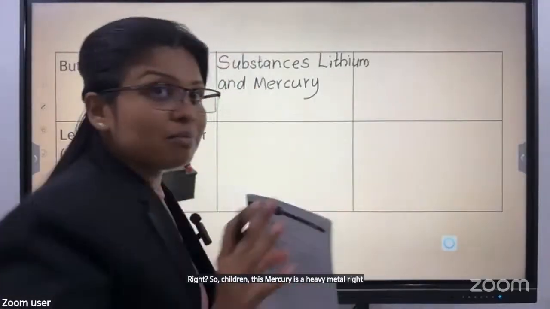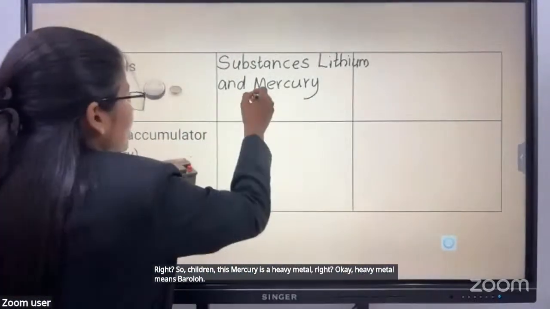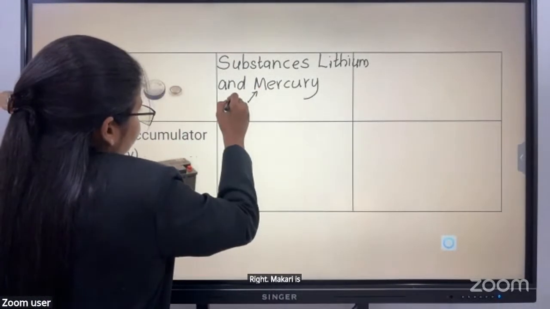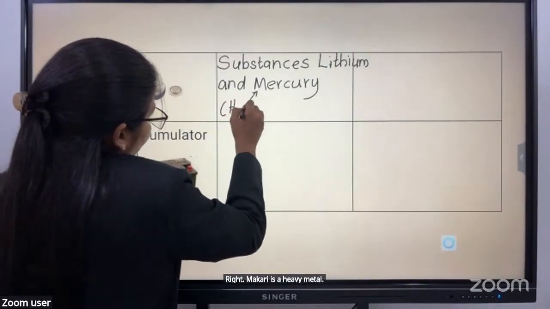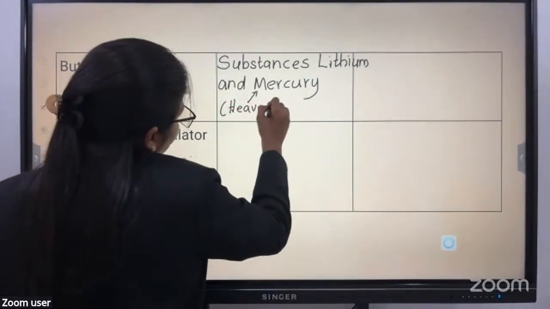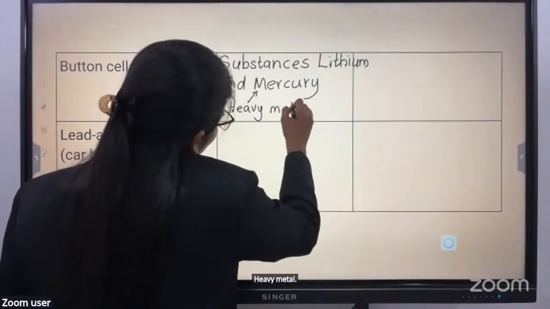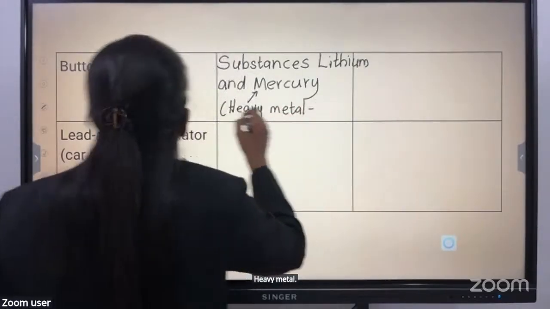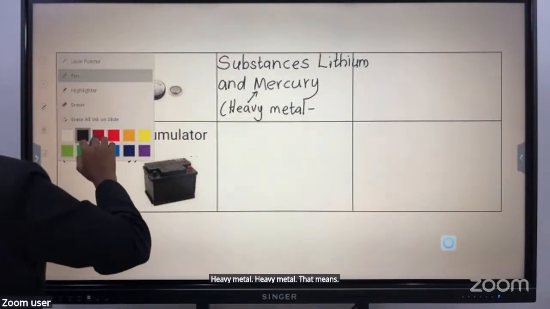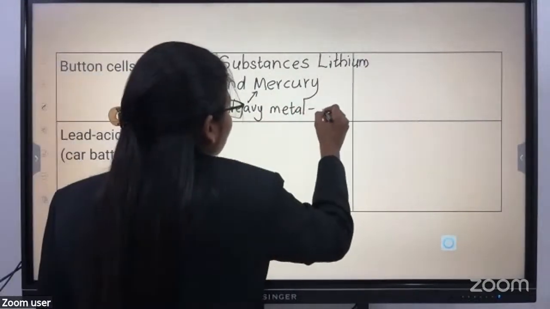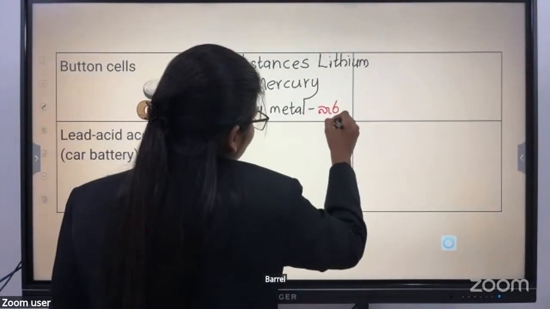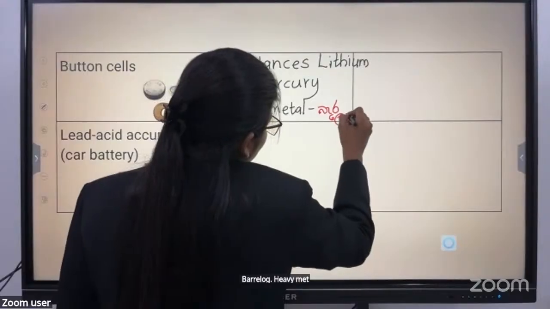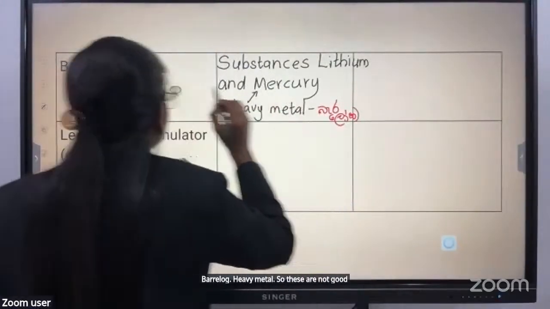Heavy metal means බැරලෝහ. Mercury is a heavy metal. Heavy metal, that means බැරලෝහ, heavy metal. So these are not good for the environment also.